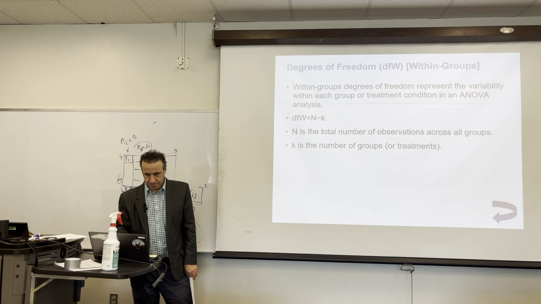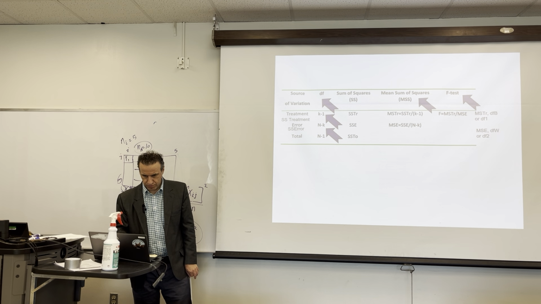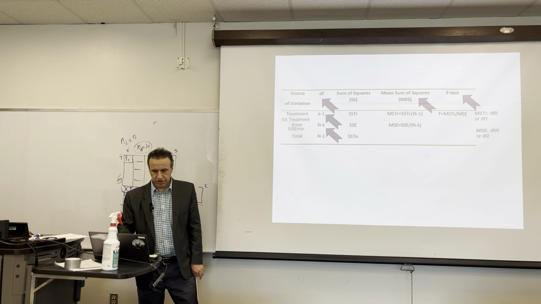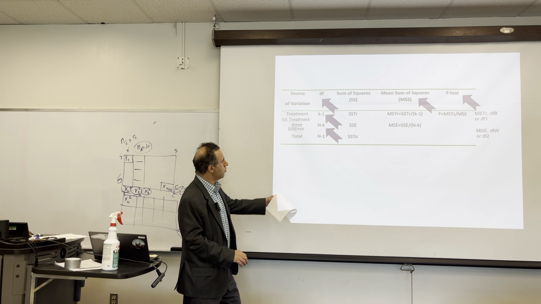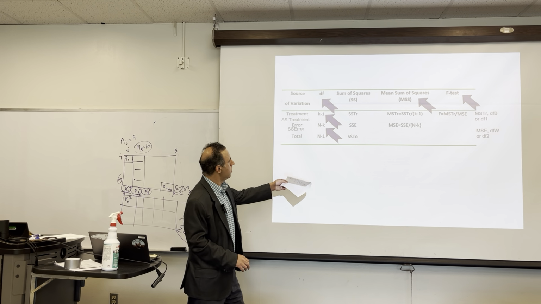And the degree of freedom for the total is going to be the total number of observations minus 1. So this is the total.